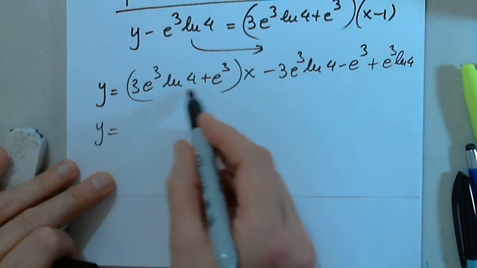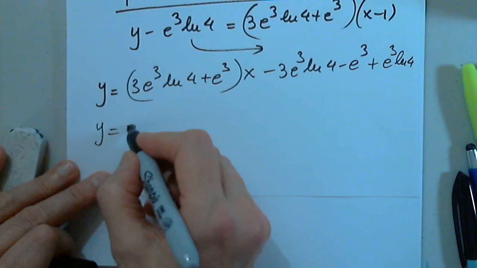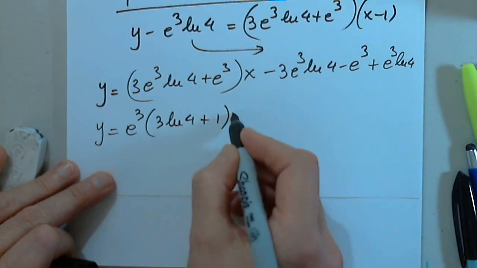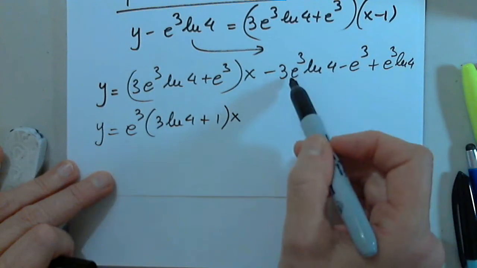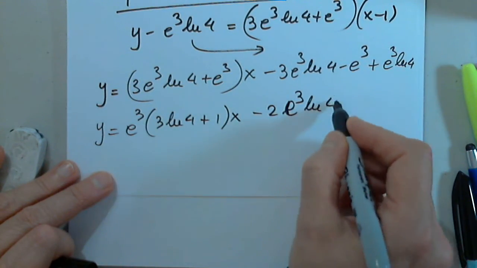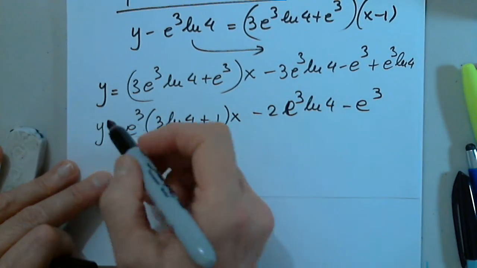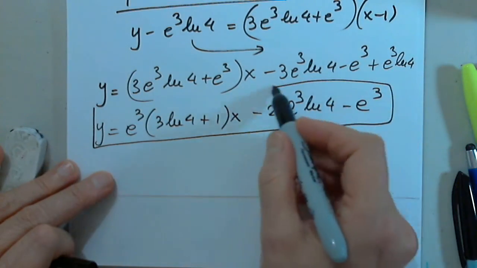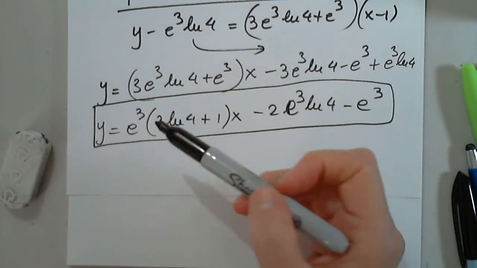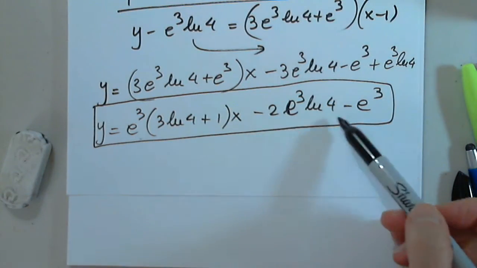Y equals, I cannot do anything here other than, if you want, you can factor e to the third. And here I have minus 2 e to the third natural log 4 minus e to the third. My goodness. So this is the slope, and this is the y-intercept.